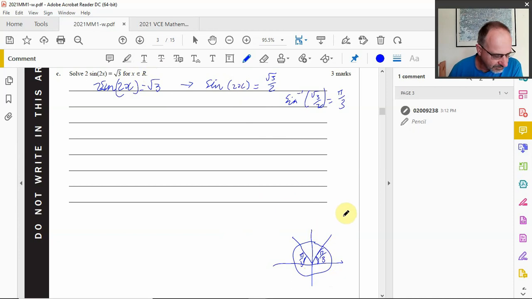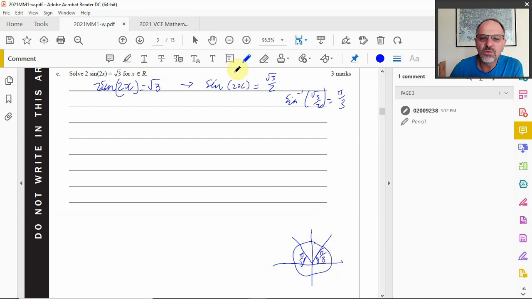So for this first quadrant angle, we're going some multiples of 2 pi plus a bit more. All right, so even multiples of pi plus a bit more.